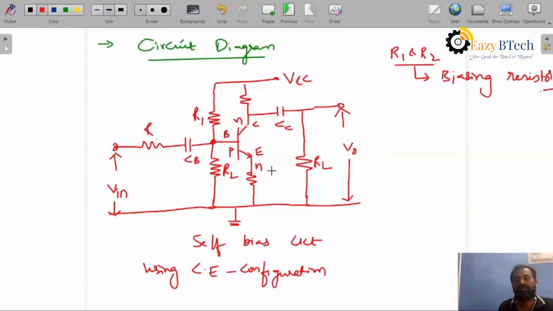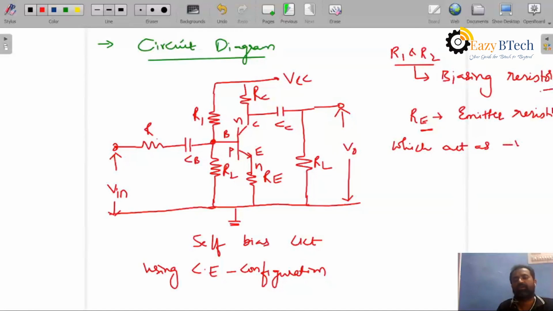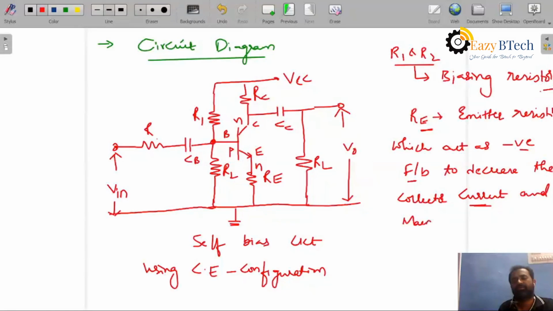Next, RE. RE is known as the emitter resistor, which acts as negative feedback to decrease the collector current and keeps the overall collector current stable.